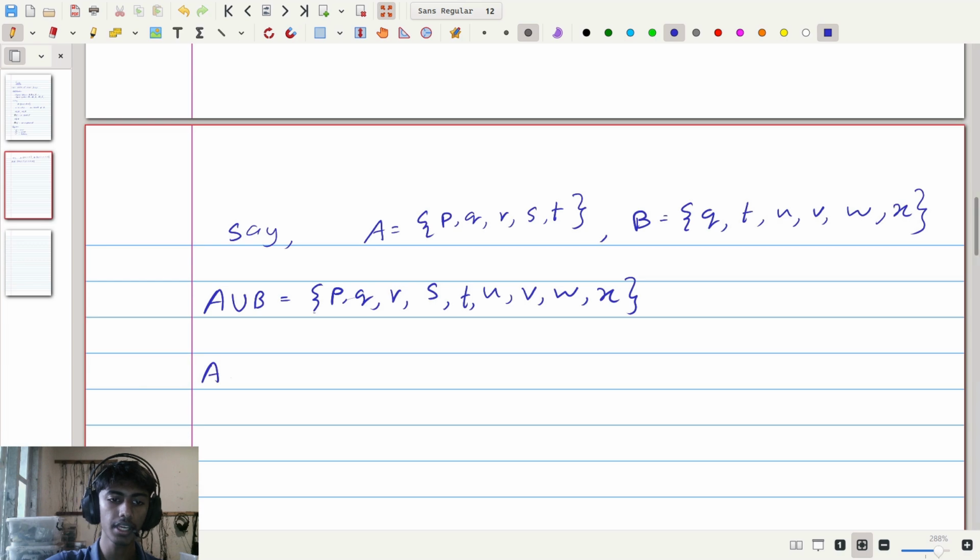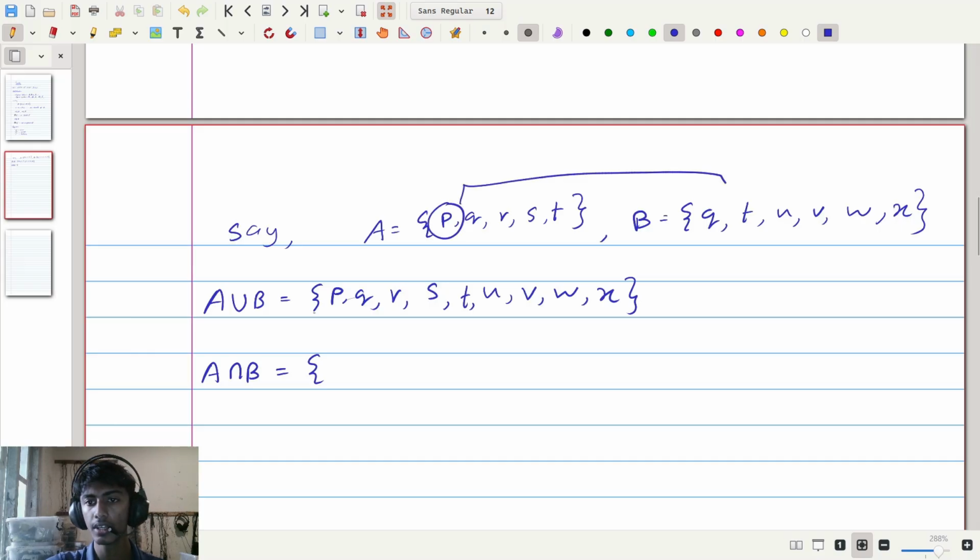Similarly, what we mean by A intersect B is all the elements that are in both A and B. So in this case, we check if any elements in A are also in B, and then check if any elements in B are also in A. P is not in B, so P is not in the set A intersect B. However, Q is in the set A intersect B, therefore Q has to be in this set.